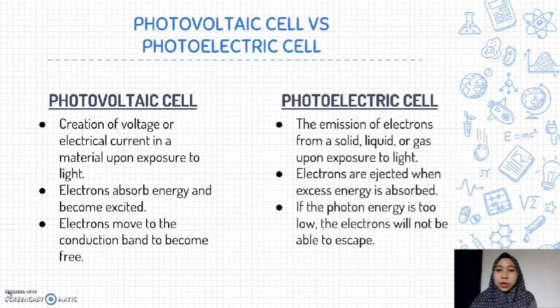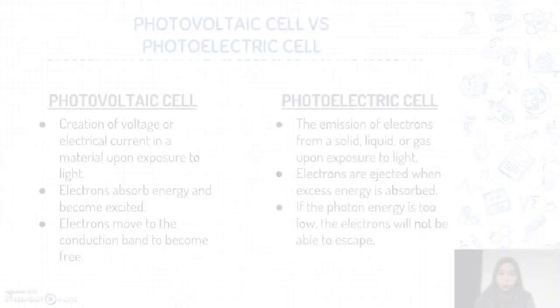While for the photoelectric cell, it is actually the emission of electrons from a solid to a liquid or gas upon exposure to light. So, electrons are ejected when excess energy is absorbed. As a result, the electron will not be able to escape if the photon energy is too low.